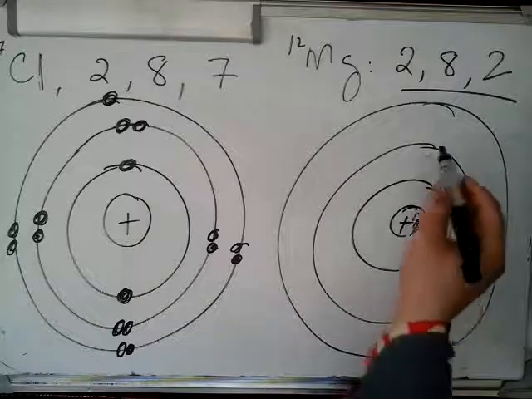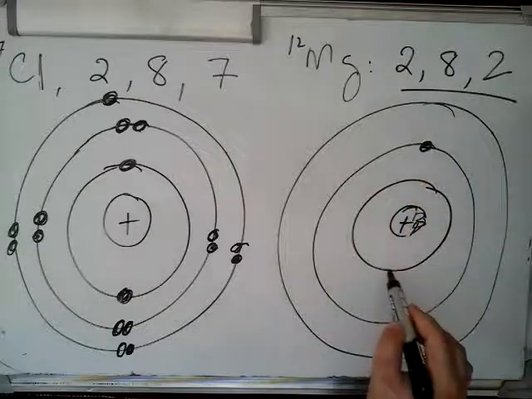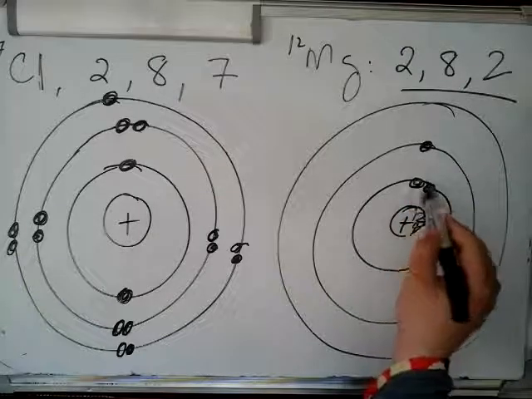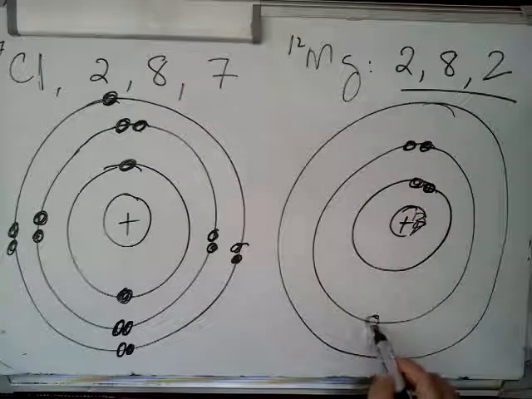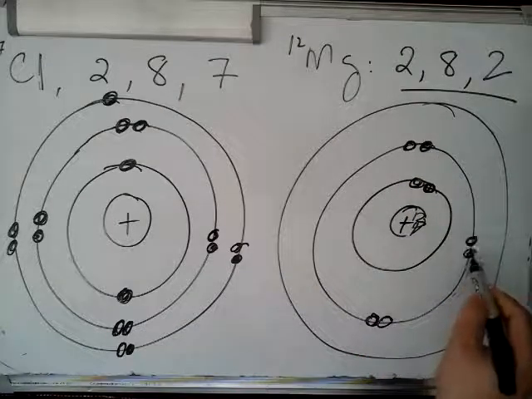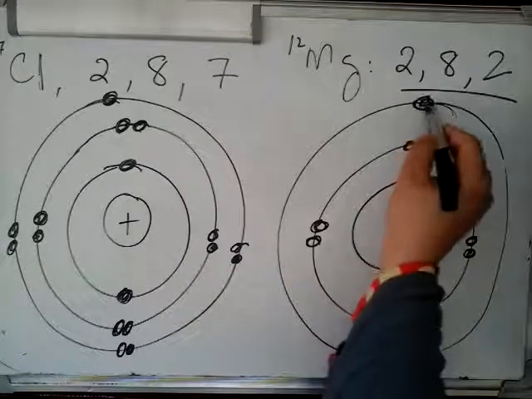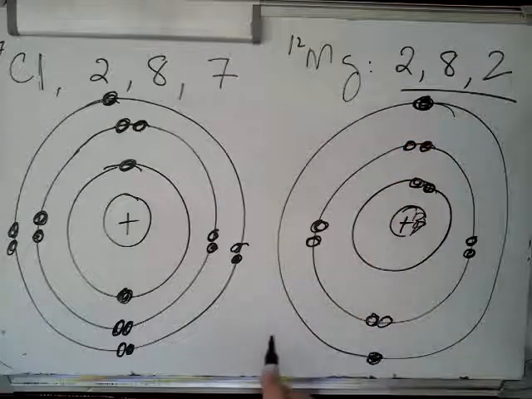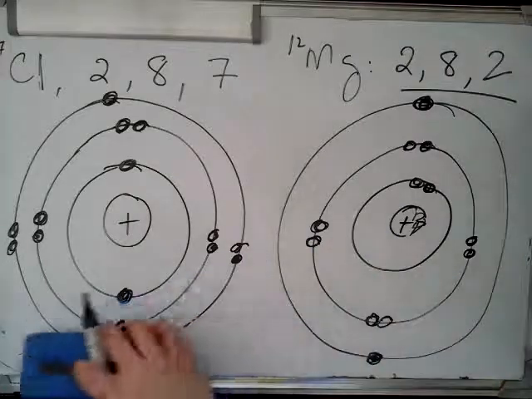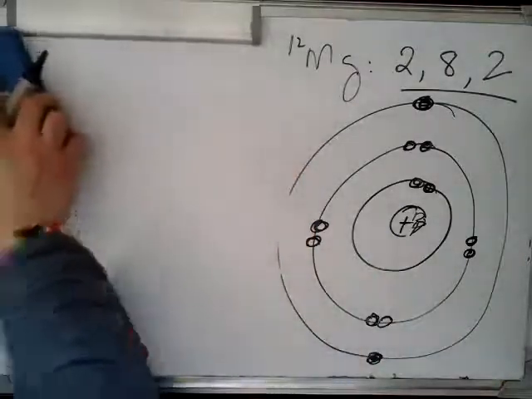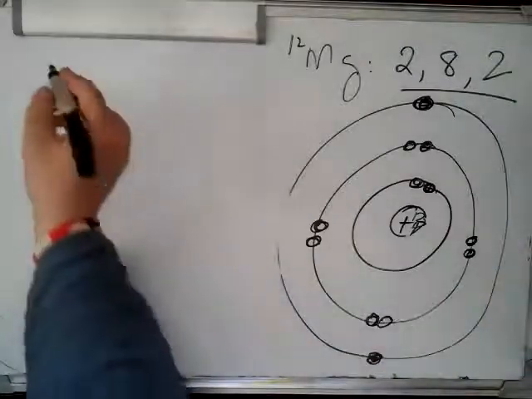The first shell consists of 2 electrons, the second as usual 8 electrons, and the remaining 2 electrons in the last shell. Is that clear?